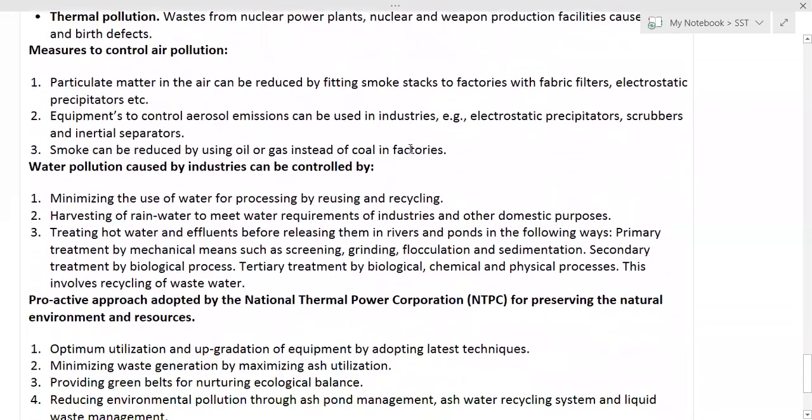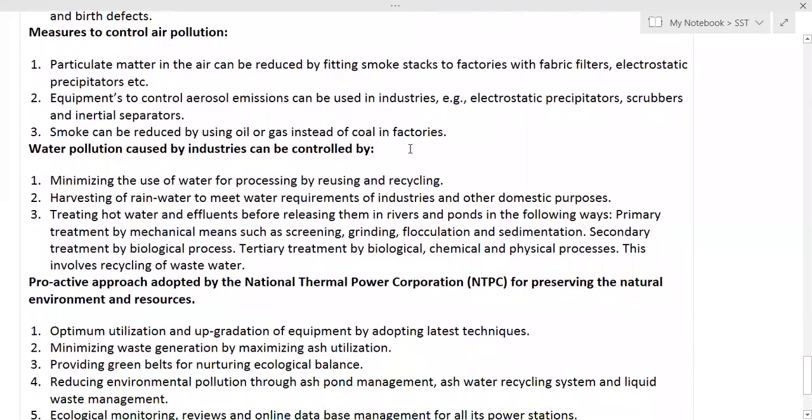Measures to control air pollution. So how to control air pollution? Particulate matter in the air can be reduced by fitting fabric filters and electrostatic precipitators in the chimneys, and then air pollution will be lesser.